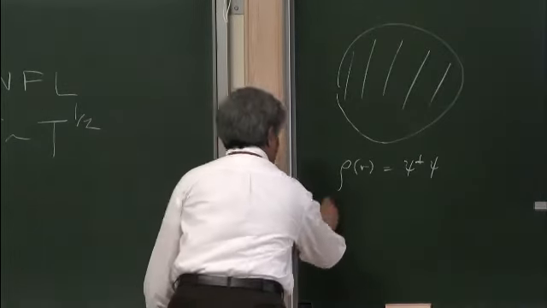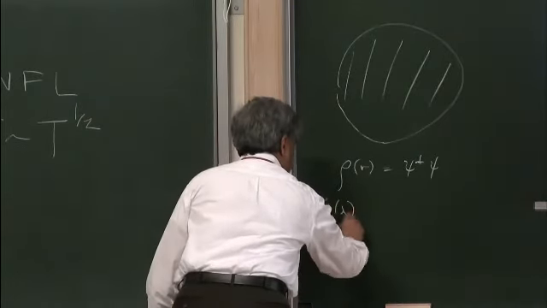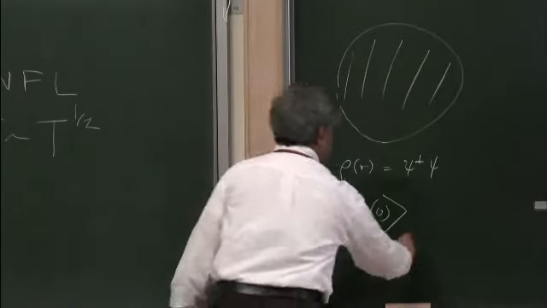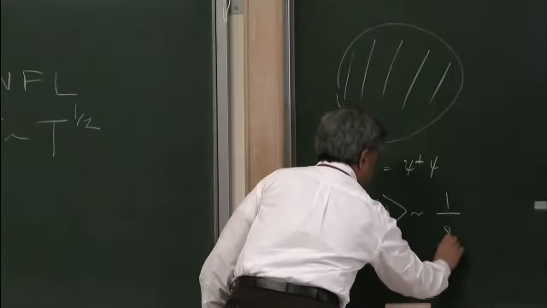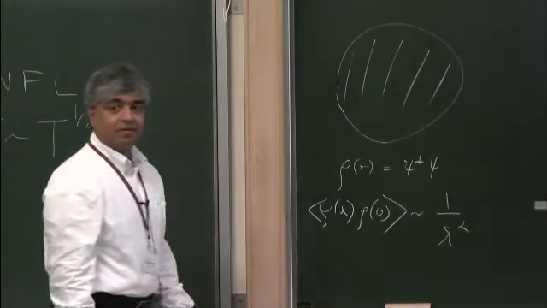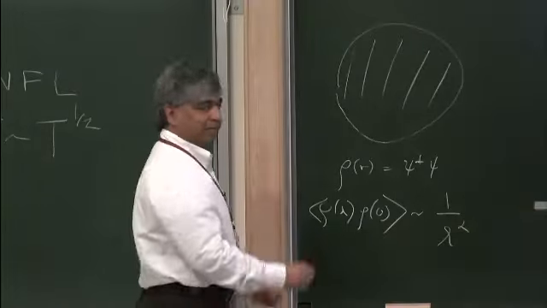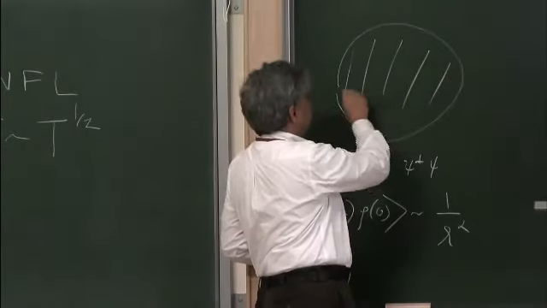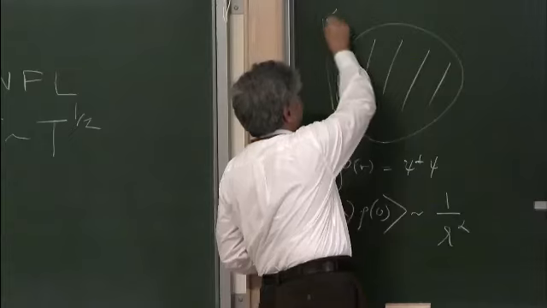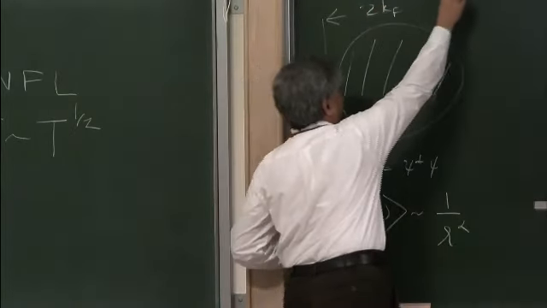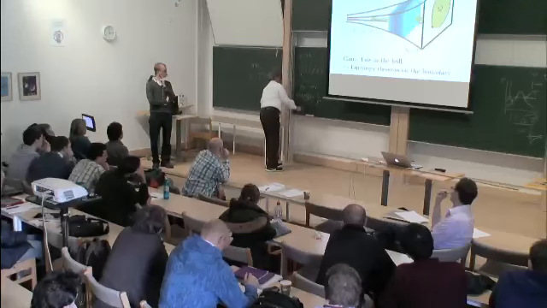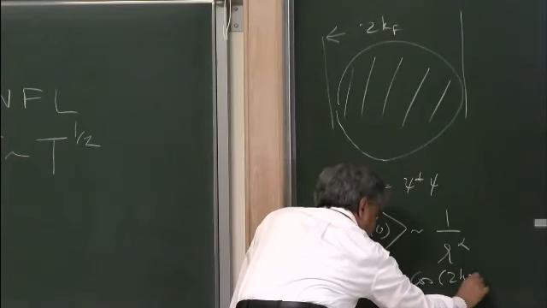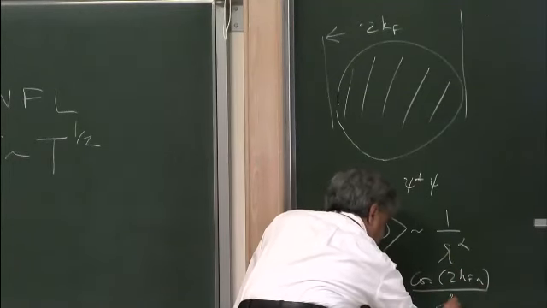So if I compute rho of r, rho of 0, then in a general scale invariant theory, this would be r to some power, r to the alpha. But if you have a Fermi surface, you get low energy processes where you scatter from here to there, and the diameter of the Fermi surface is 2kF. So what you will get then are cosine 2kF r over r to some beta.